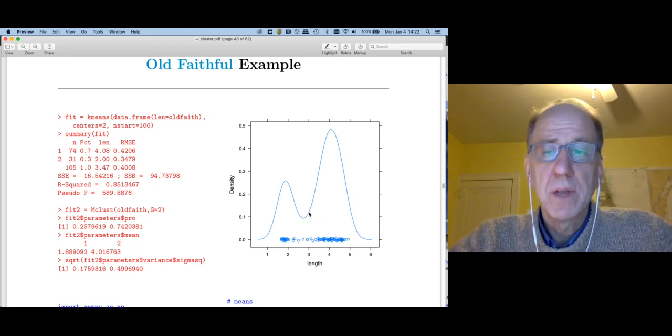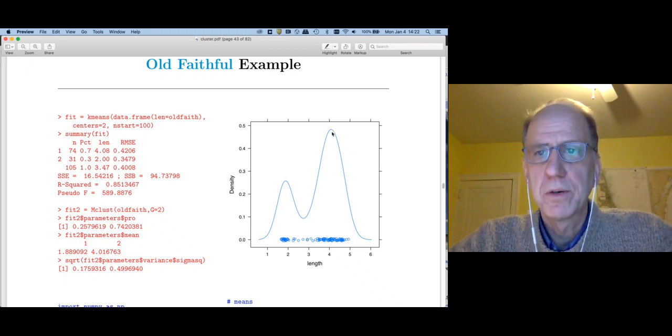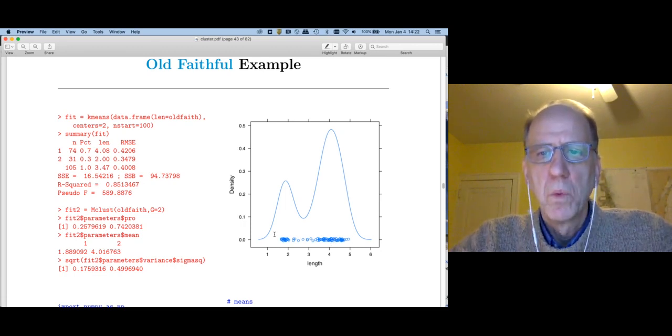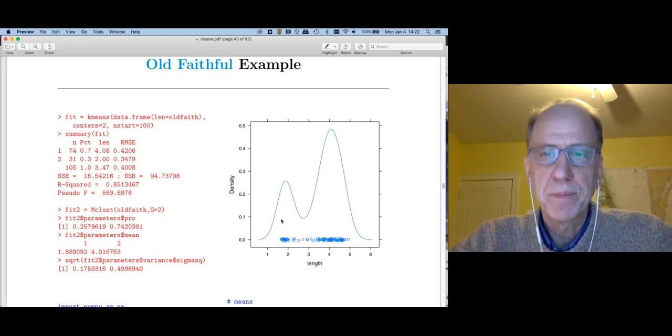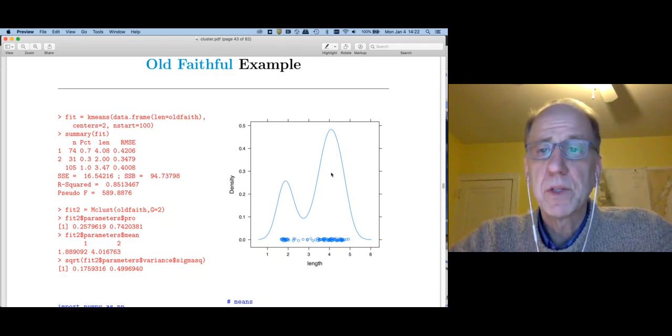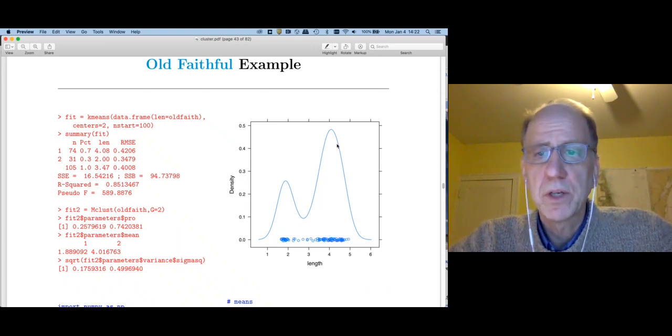So without the left tail of the larger right mode, we would expect the mean to drift a little bit to the right. With the smaller distribution, we would expect the mean to drift a little bit to the left. So I would expect that k-means will overestimate the mean of the larger one.